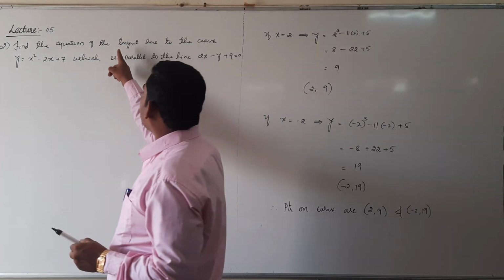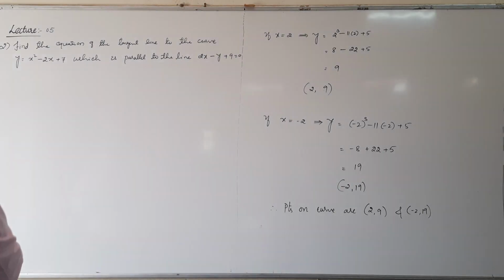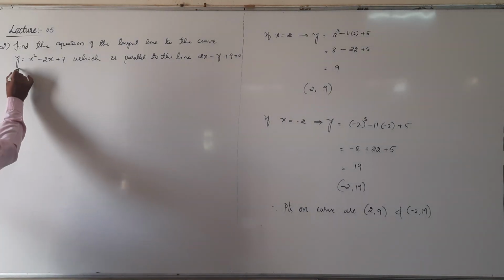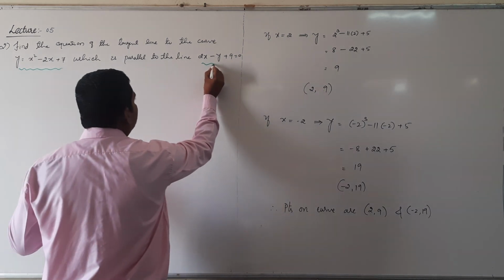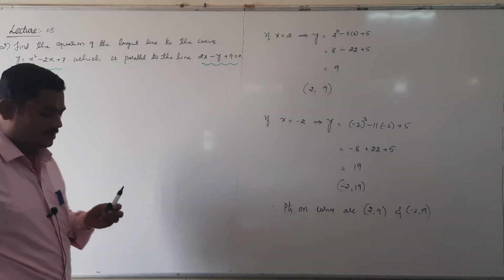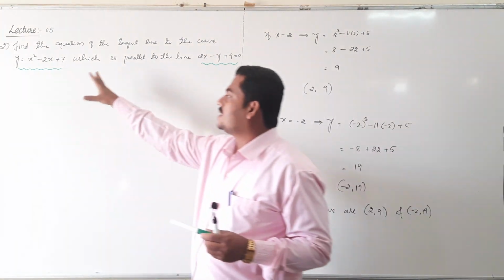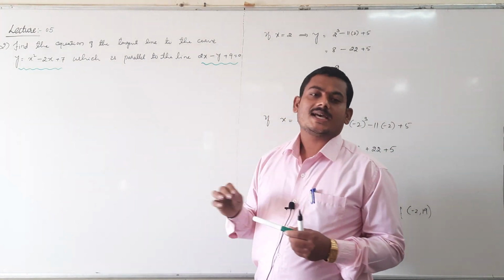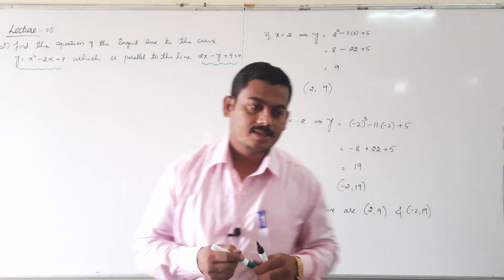Find the equation of tangent to this curve which is parallel to this line, right? What they have given? If you draw a tangent line to this curve which is parallel to this line, then find the equation of the tangent line, right?